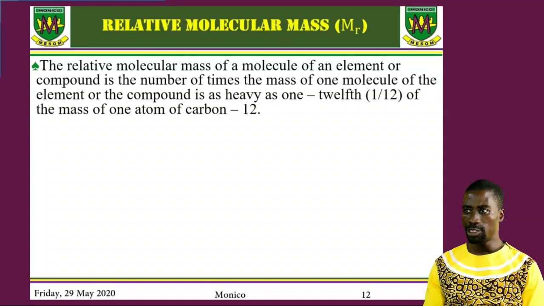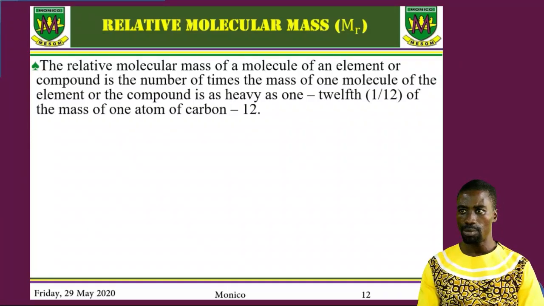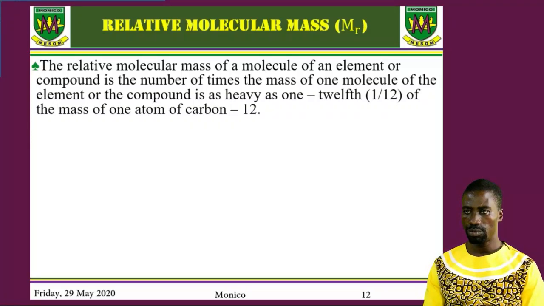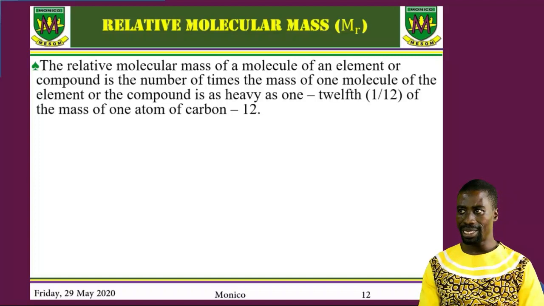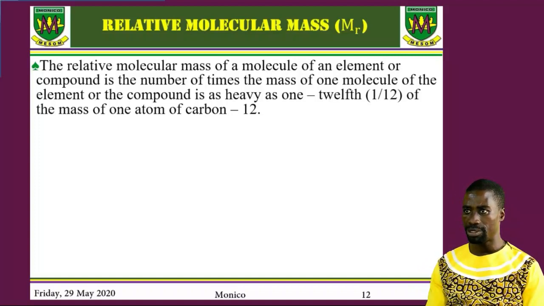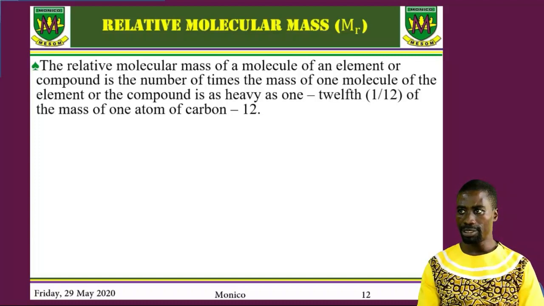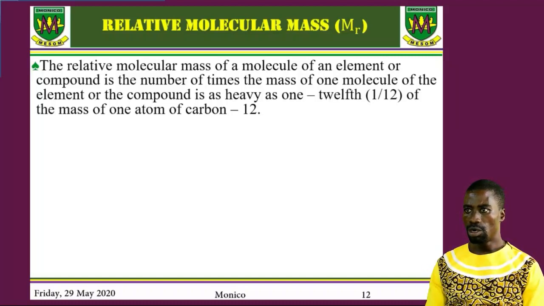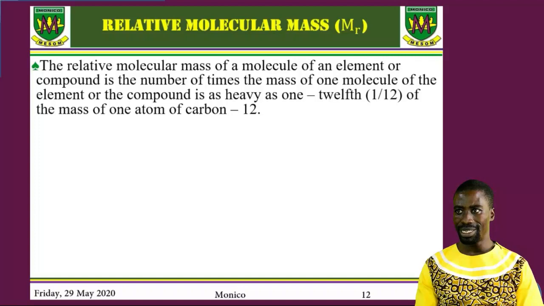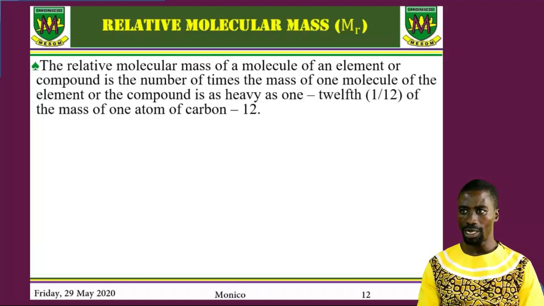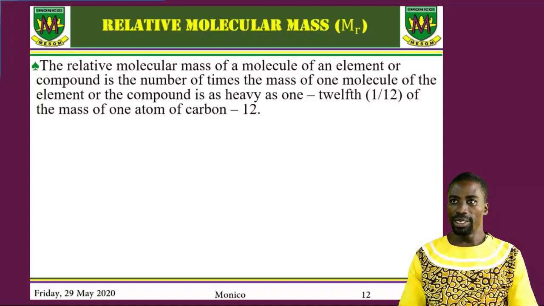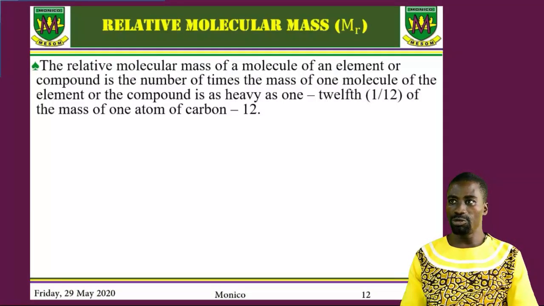And here our reference material is the carbon-12 isotope. So if you say relative molecular mass of a molecule of an element or a compound, you are looking at the number of times the mass of that particular molecule is as heavy as 1/12 the mass of one atom.